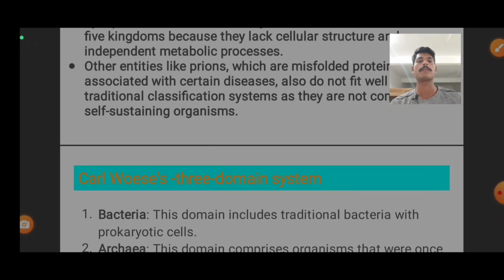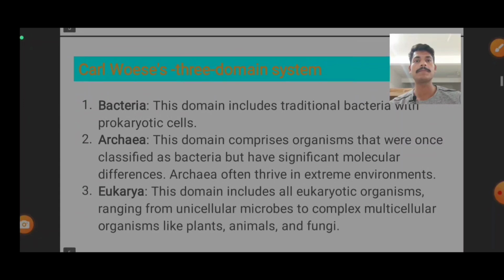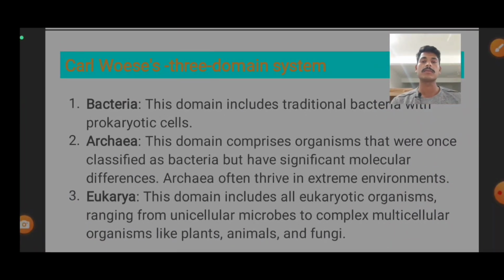Now what happened? After some time, one evolutionary biologist came. His name is Carl Woese. They also classified the organisms into domains.